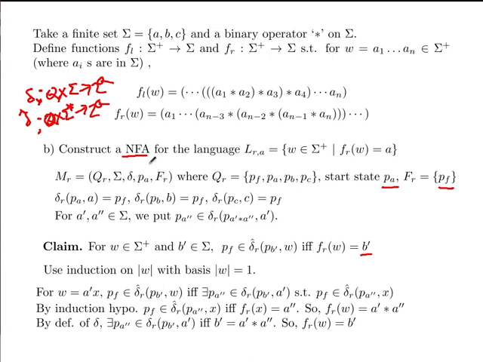So let's talk about this delta and the proof. You understood this part, I presume. This says that this should not be the start state, this PA.